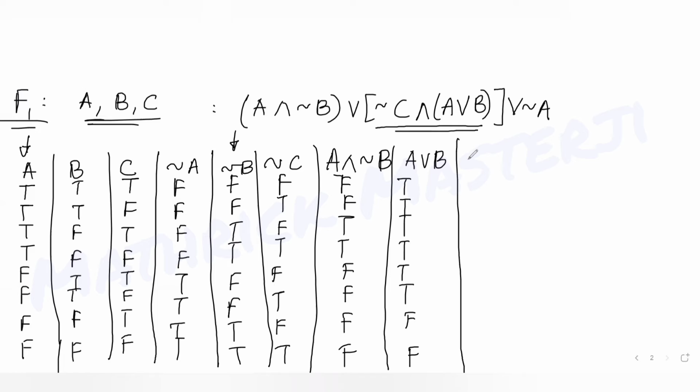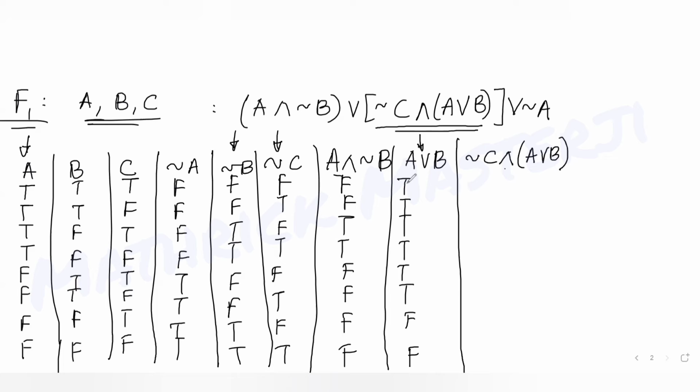Now, negation C is capped with A cup B. For cap we know if both are true, then the answer is true, otherwise false. So A cup B is this and negation C is here.